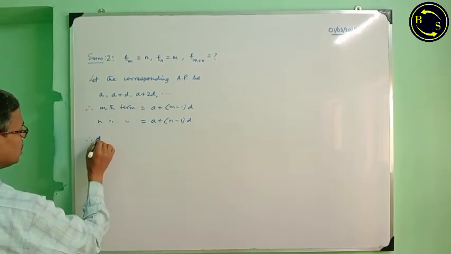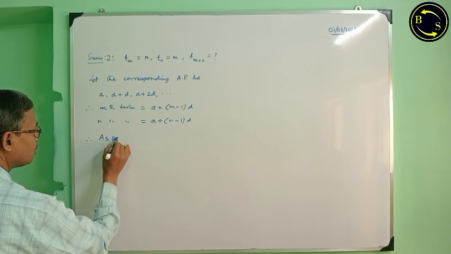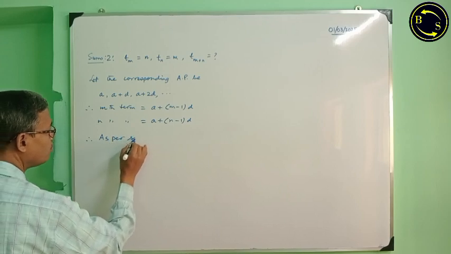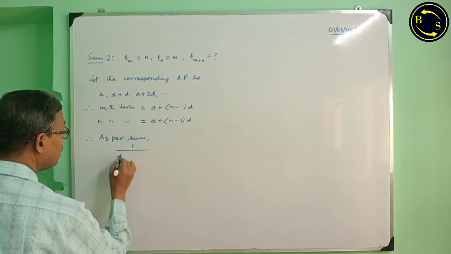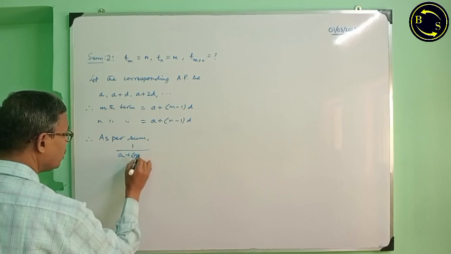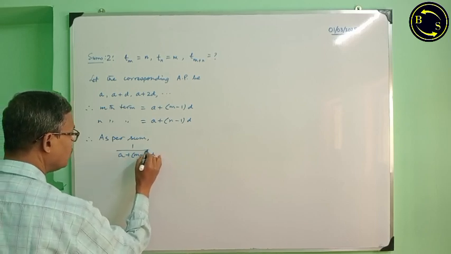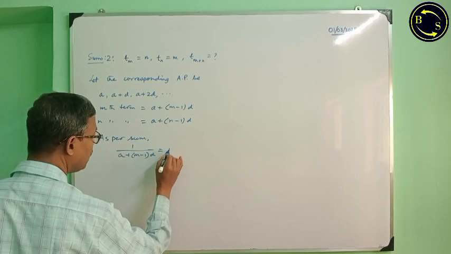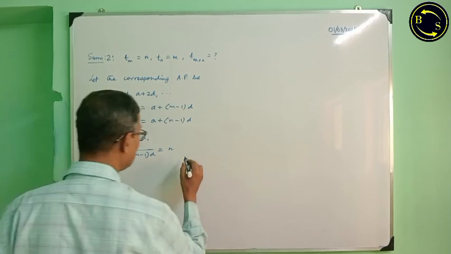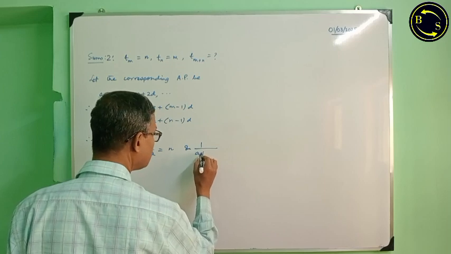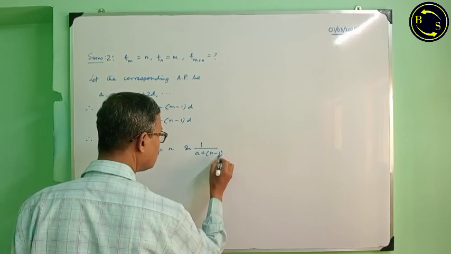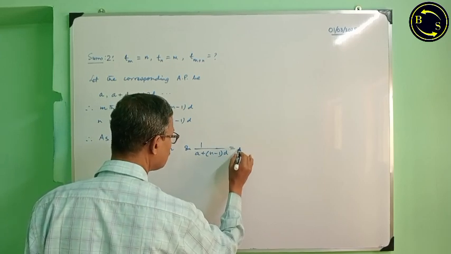Therefore, as per the sum, 1 by (A plus (m minus 1) into D) is equal to n, and 1 by (A plus (n minus 1) into D) is equal to m.